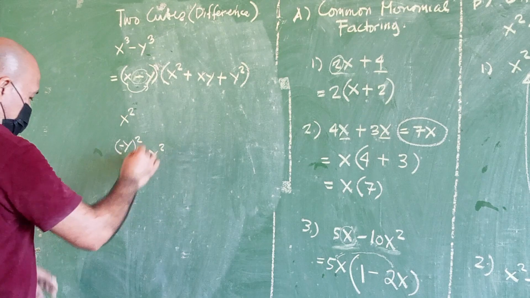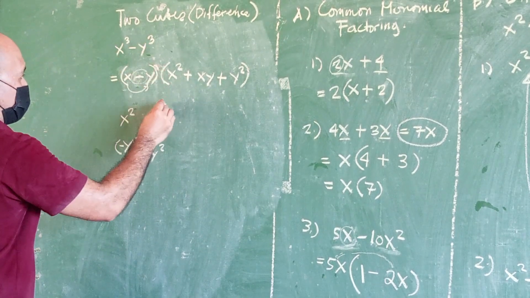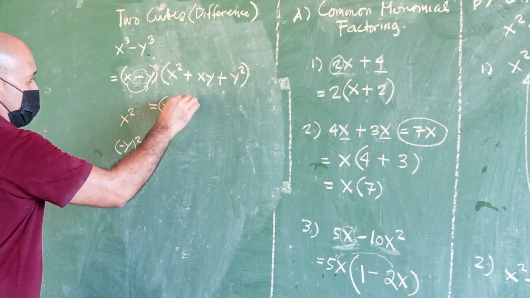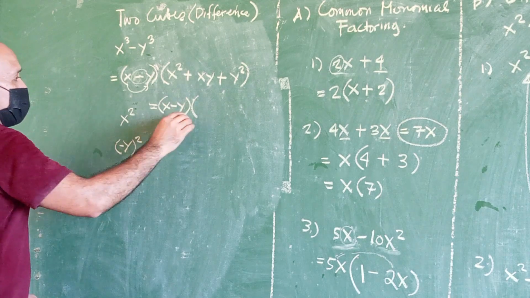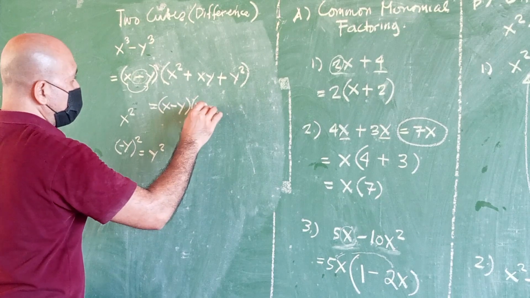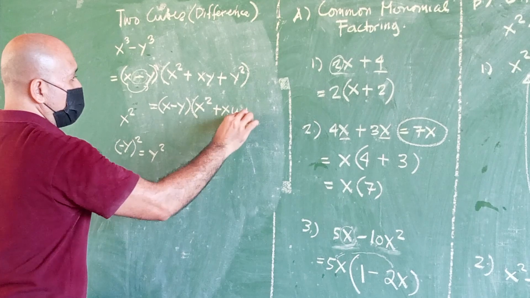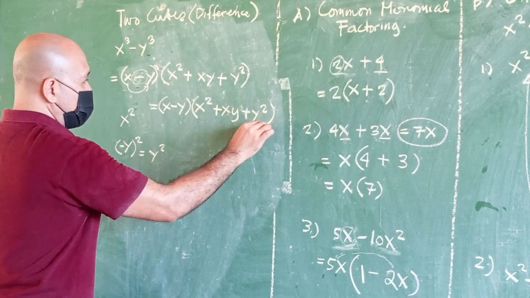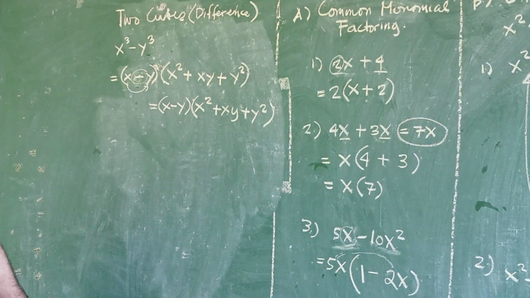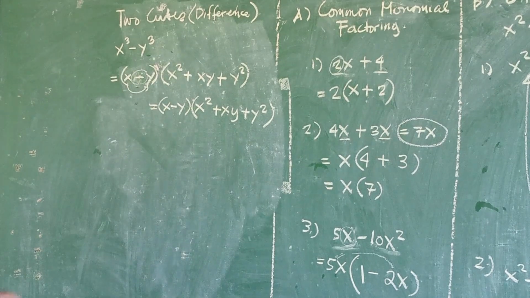So therefore, your complete factors of x cubed minus y cubed are the product of x minus y as binomial, times the second factor, which is the trinomial, x squared plus xy plus y squared. So that's it. That's how you factor out x cubed minus y cubed, or difference of two cubes.